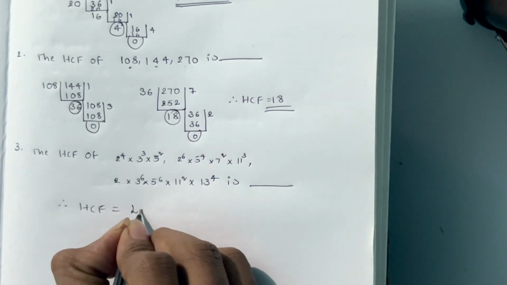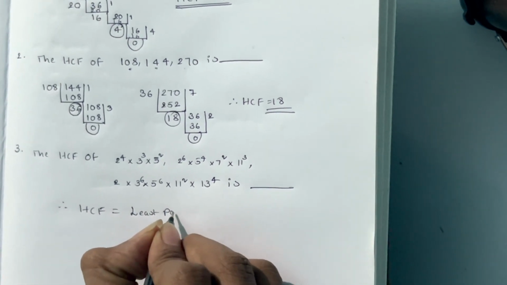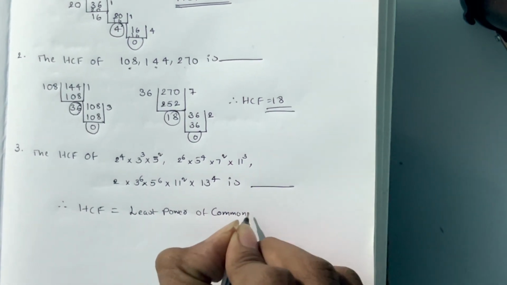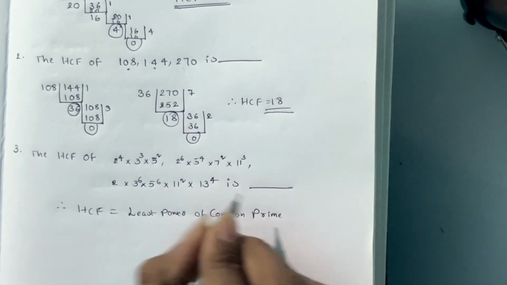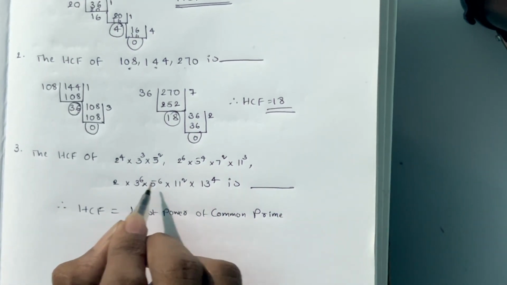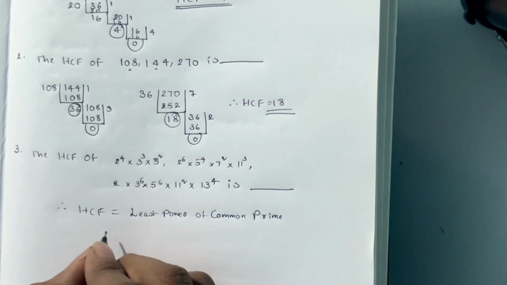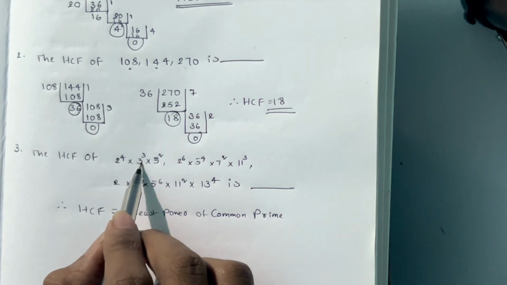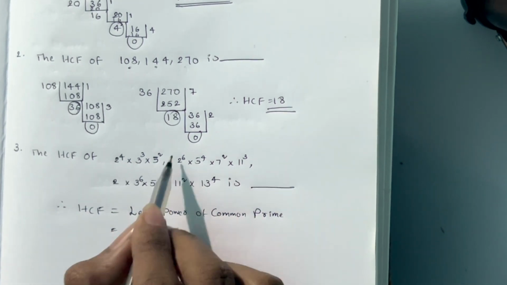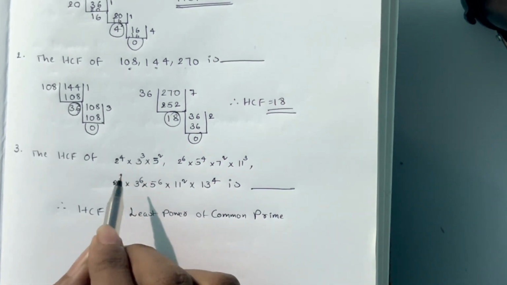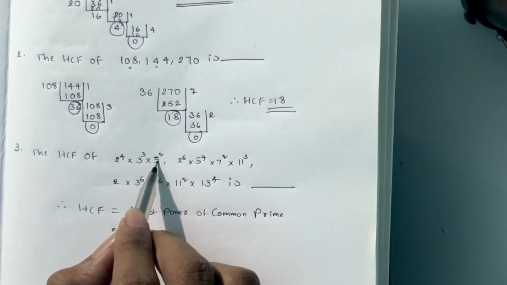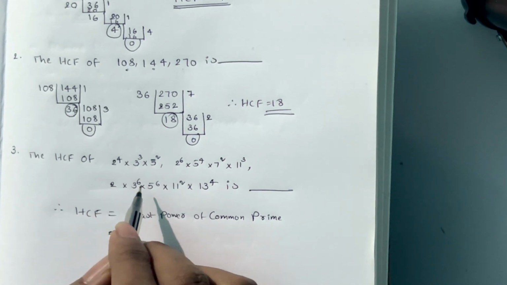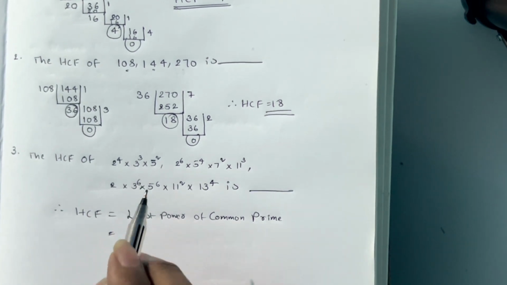HCF is nothing but the least power of the common primes. All these are common prime values, so find out which ones are common. 2 is common in all of them. 3 I can see is not in the second number, so we are not considering 3. 5 is common, and we take the one having the least power.